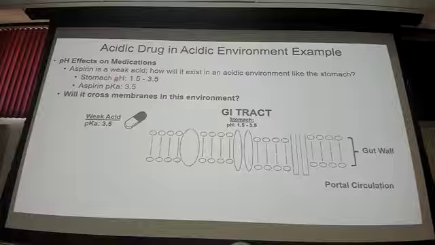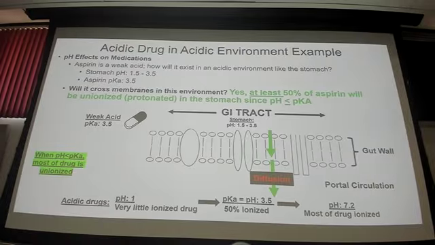The pH of the stomach is 1.5 to 3.5. So we know in this case that more than 50% of the drug will be uncharged. Very little will be charged, in fact. And so aspirin will cross the gut wall into portal circulation, being absorbed through the stomach. So acids typically are absorbed in an acidic environment such as the stomach.